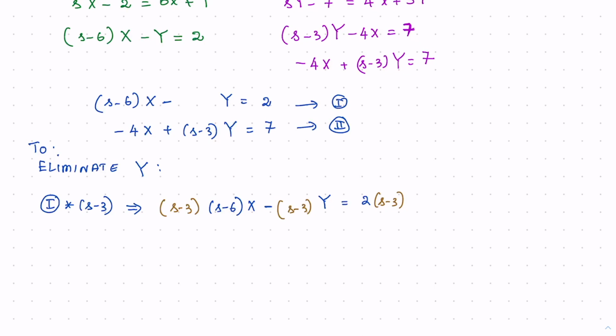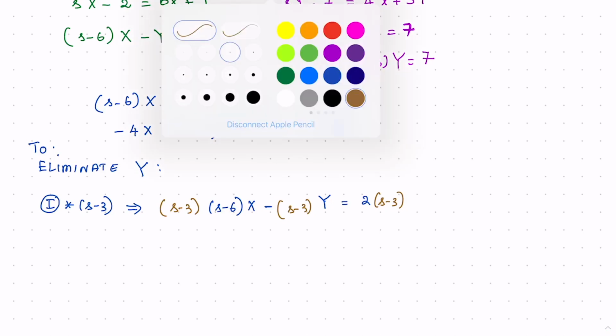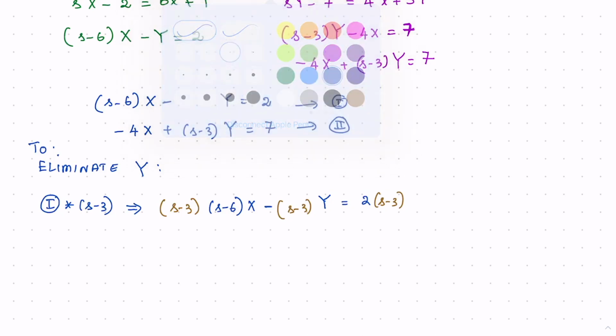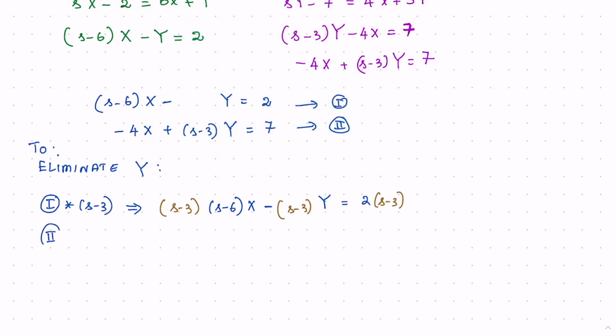And now what do I have for the second equation? The second equation I am going to keep as is, not doing anything with the second equation. If I keep the second equation as is, then I am going to have minus 4x plus s minus 3 times the cap Y is equal to 7. And now I'm going to add the first and the second equation, the modified first and second equation.